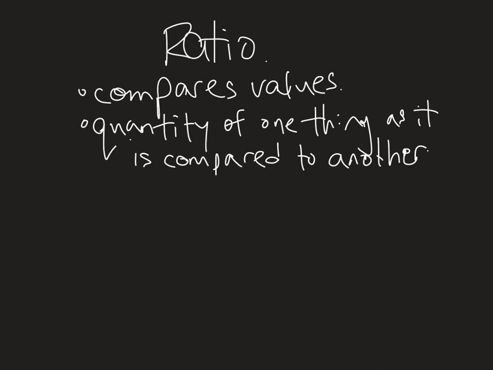So I usually say that they don't necessarily have to be the same thing. So you're not comparing the exact same, so say for instance blue stars to red stars because they're both stars, but they typically have some sort of a relationship.